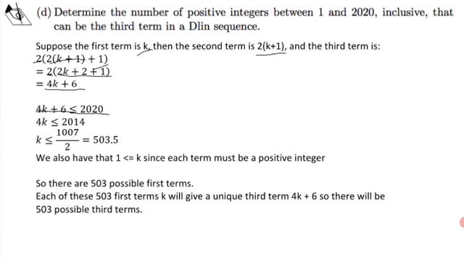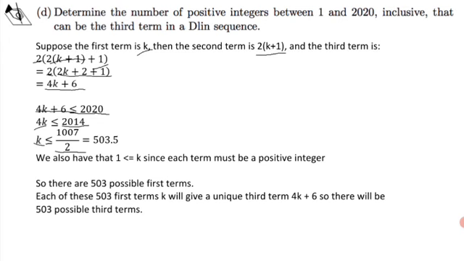Now let's solve this inequality. So again, we can subtract 6 from both sides. So we'll have 4k is less than or equal to 2014. Now next I could divide both sides by 4, which leaves me with k is less than or equal to 1007 over 2. And we want the closest integer below this because k can only be an integer.